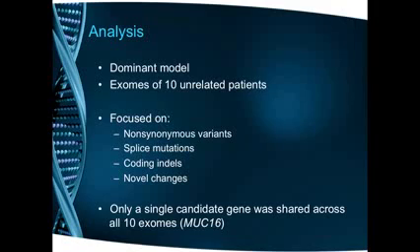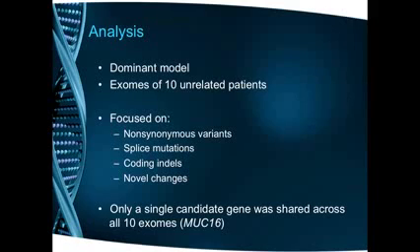So they focused on changes of one amino acid to another, splice mutations, insertions and deletions, and novel changes. After this very stringent analysis, they only found 1 gene that was shared across the 10 exomes. And they thought, bummer, this is a false positive. The reason they thought that was that it's a very large gene and it wasn't likely associated with Kabuki syndrome. Now what, right?